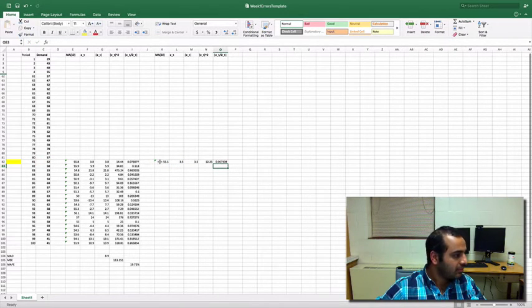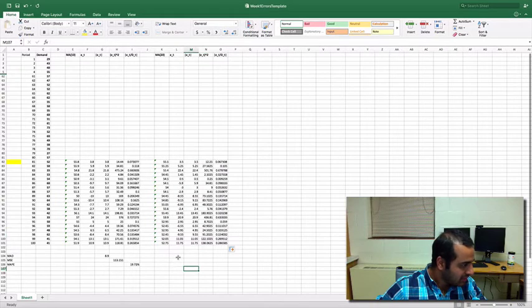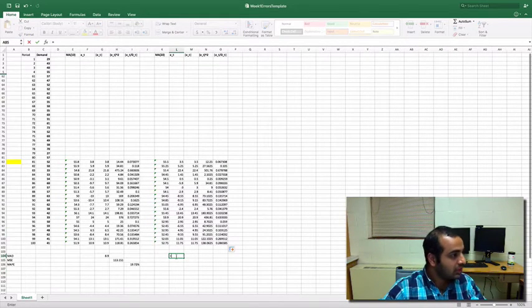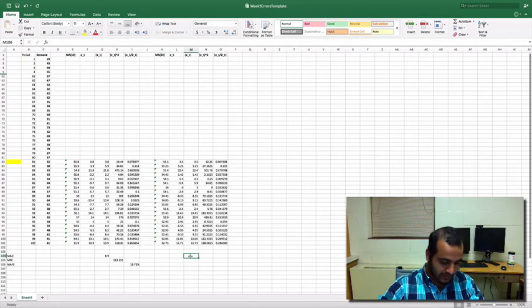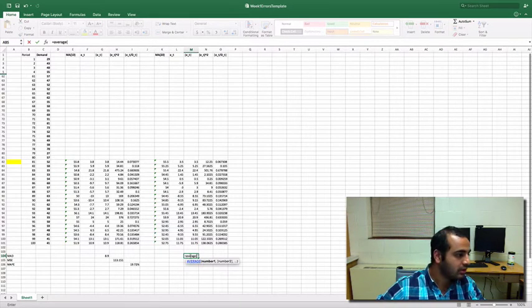All right, now we can drag this all the way for the next 20 periods, and we can calculate the same kind of statistics that we calculated. The average of the mean absolute deviation is the average here.